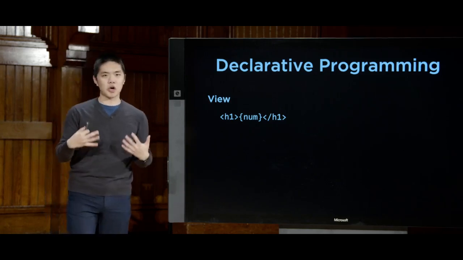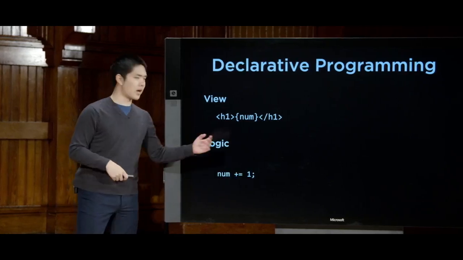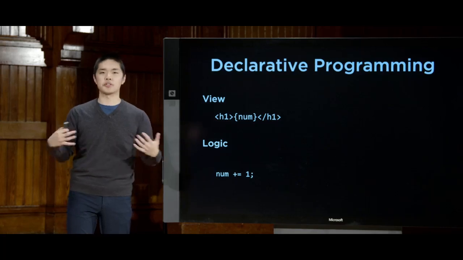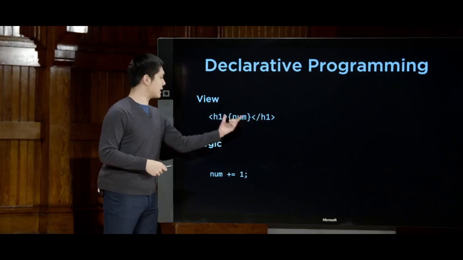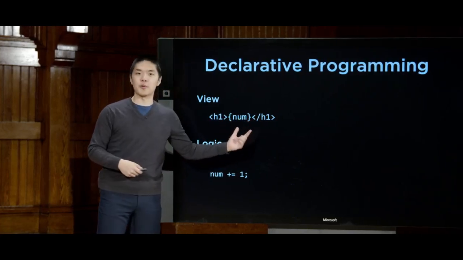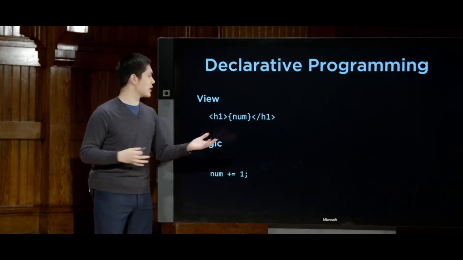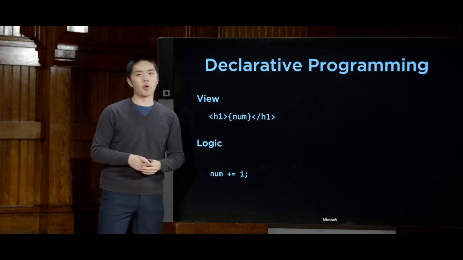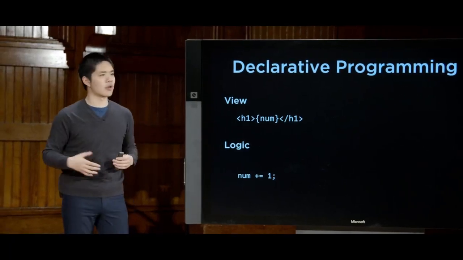And then the logic code, if we want to increment that number by 1, is we just need to say num plus equals 1. Add 1 to the number. And the effect of that is that since we have declared that inside of this heading, it should be whatever the value of the number is, when we increment the value of number, React is effectively just going to update the view so that the number updates as well.